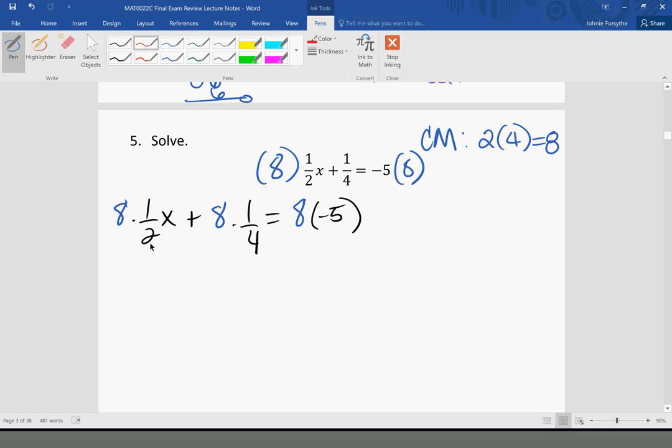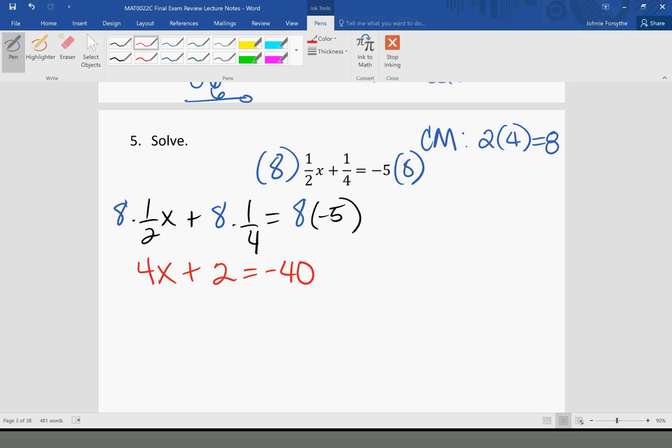So 8 over 2, or 8 times 1 divided by 2, is just going to be 4. 4x plus 8 times 1 is 8 divided by 4 is 2 equals 8 times -5 is -40. No more fractions. Yay! Okay.